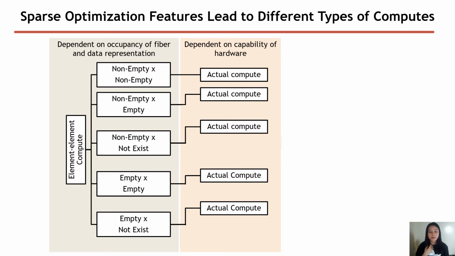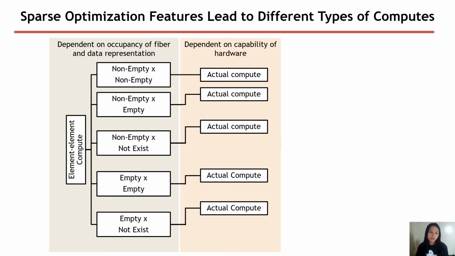So you could have the most basic case, two non-empty elements being computed with each other. Meaning these two elements are both non-zero values, and of course if there are non-zero values present and you are doing a computation on them, they will definitely lead to a compute.